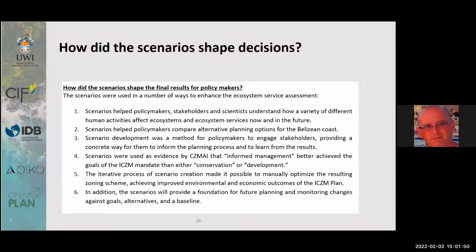It's better to achieve the goals of the ICZM mandate than going down a pure green route, which would stifle economic development, or a more grey route, total development, thus impacting environmental sustainability. So this iterative process of scenario creation made it possible to manually optimize the resulting zoning scheme and achieve the ICZM intended outcomes.